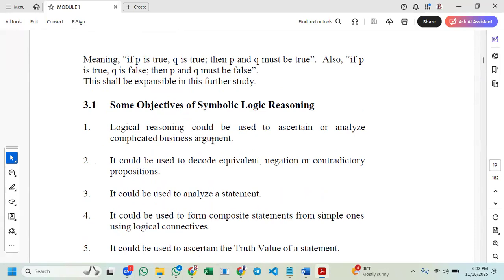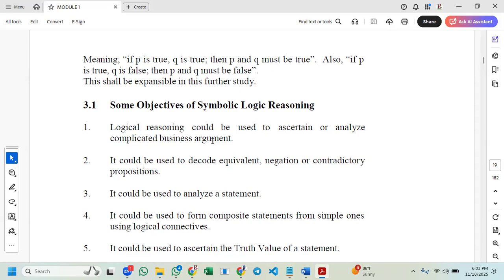In the business world, when you have things that are uncertain, they will employ logic to solve it. When the situation in the business environment is complicated, logic is involved in solving it.